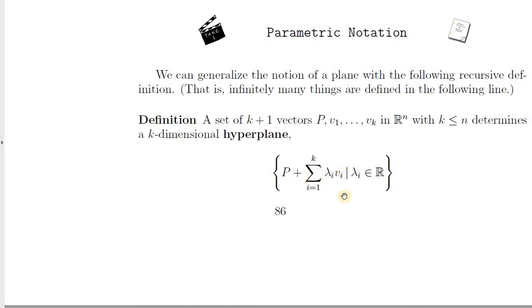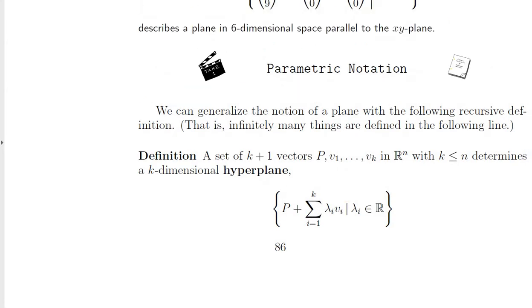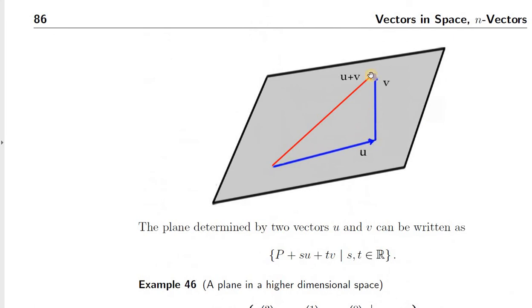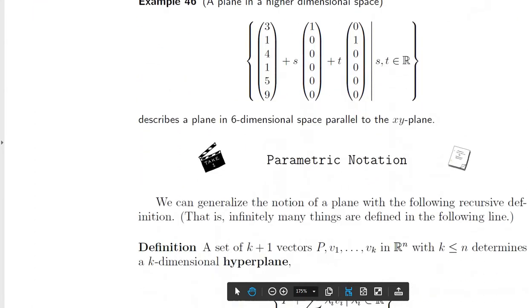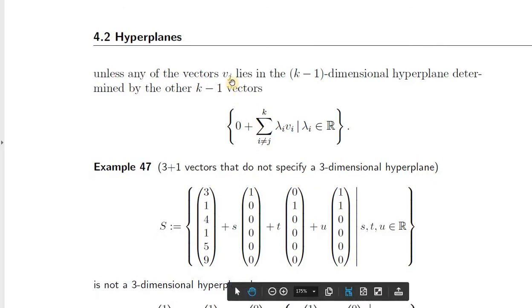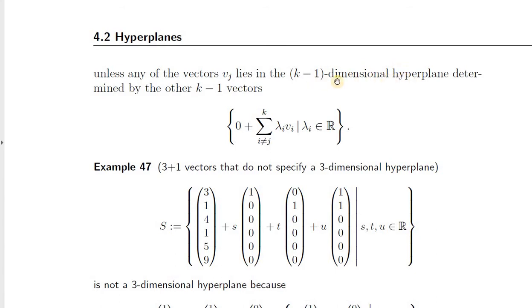Now, we saw that there's an exception if the 2 direction vectors up here are actually parallel, then we don't get a plane, we only get a line. So there's a condition on the direction vectors. As long as the vectors are kind of independent. In other words, none of the vectors can lie in the k-1 dimensional hyperplane determined by the other vectors.